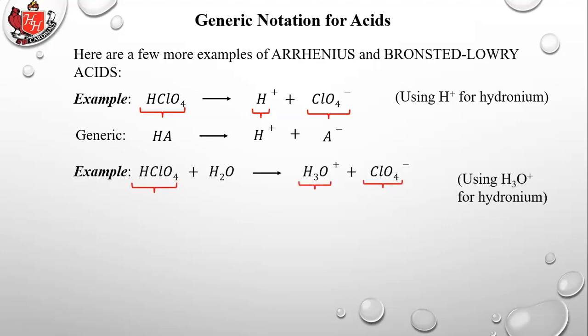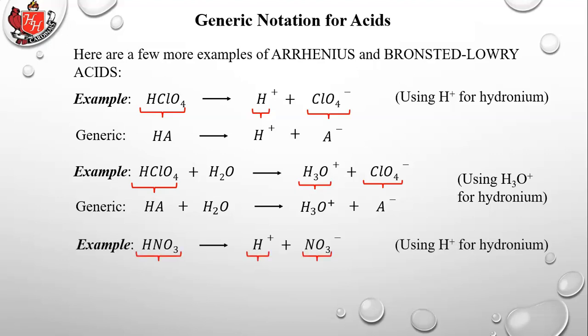Okay, so here's the expanded version of that same thing. And so you can write that as HA plus H2O gives you H3O+ and A-. So again, the H is simply the proton in that acid, and the ClO4- is everything else.